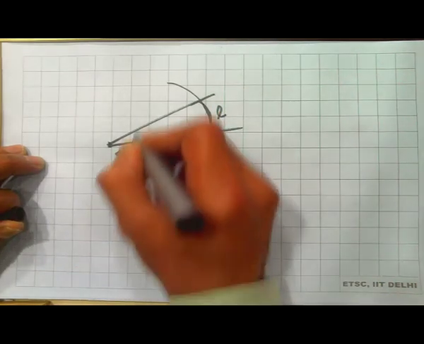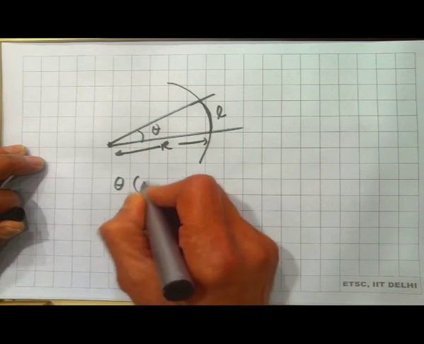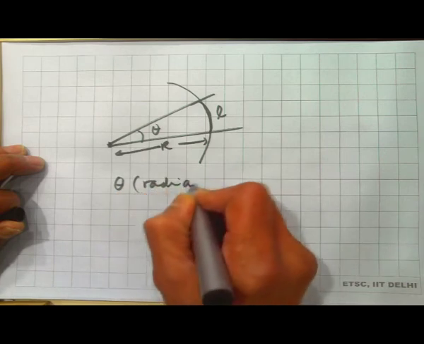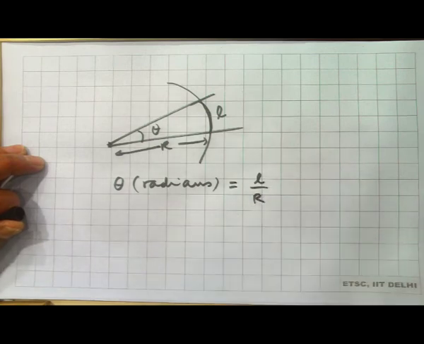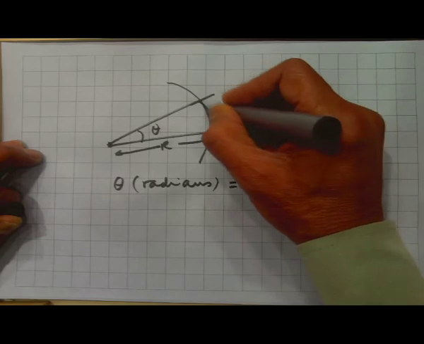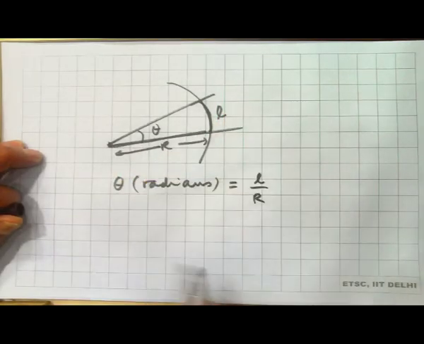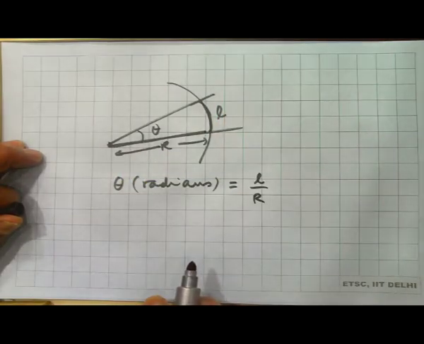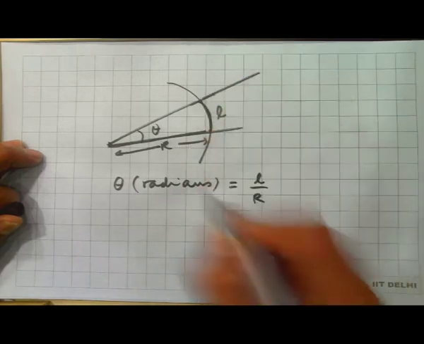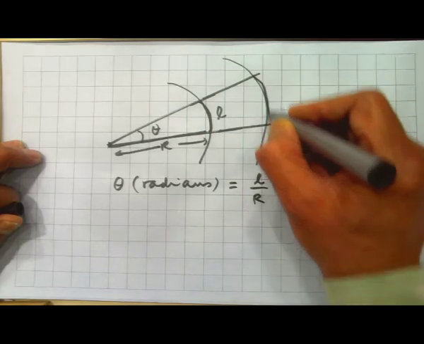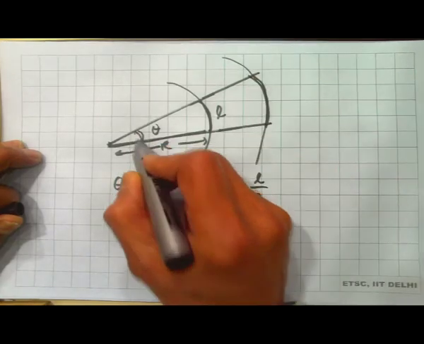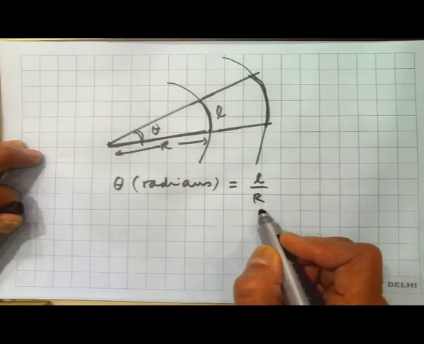So, we define the angle theta in radians as L by r. This distance divided by this distance is the angle in radians. There is no requirement on r. If you take a bigger circle of bigger radius, L will also correspondingly increase. So, this angle will be independent of the radius you have chosen.